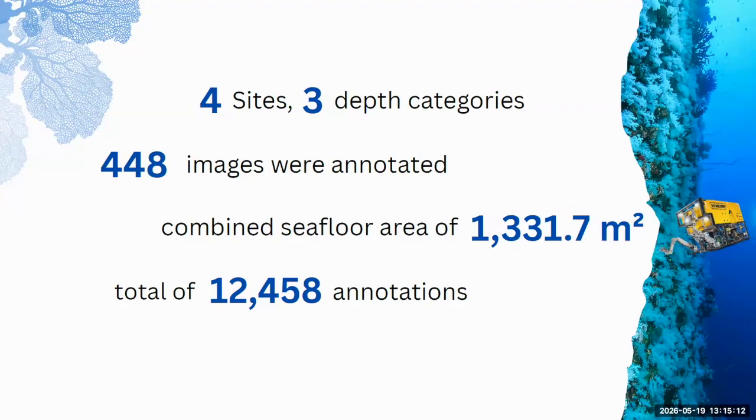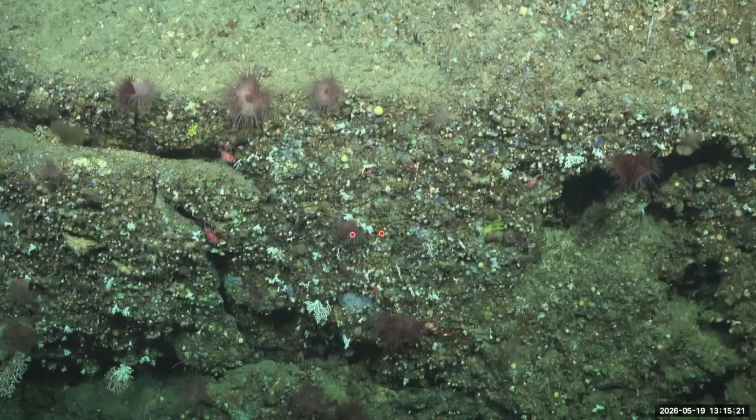this. It was around 18,000, but I had to exclude porifera from the analysis, and I just put this image here to show you that annotation of porifera, the sponges, is practically impossible because their margins were overlapping.